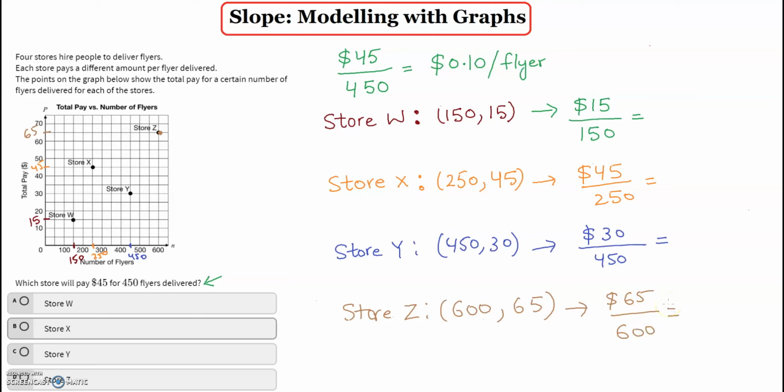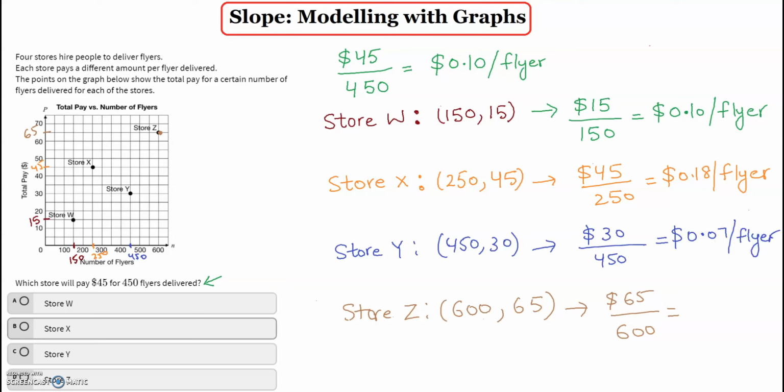So let's see what happens when I divide 15 with 150, which will give me 10 cents per flyer. When I divide 45 with 250, I get 18 cents per flyer. When I divide 30 with 450, I get approximately 7 cents per flyer.